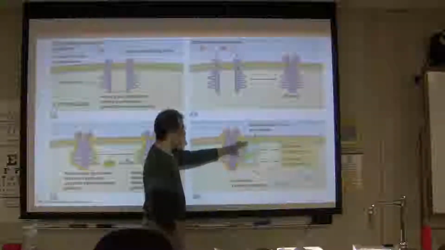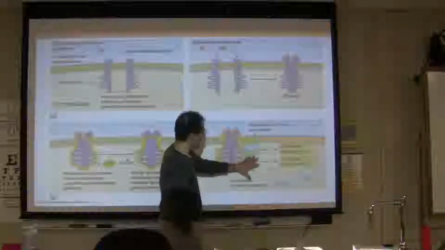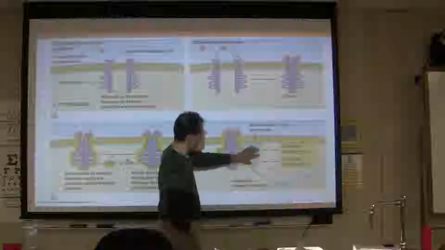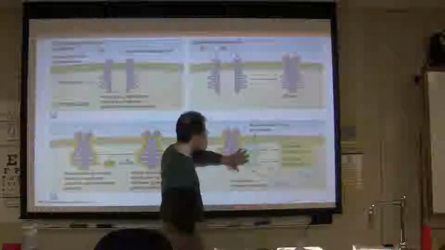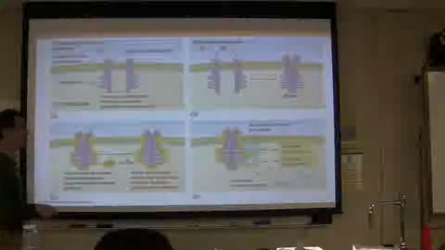When it's active, protein molecules inside of the cell come and attach to the tyrosine kinase, and then they become active. That's the function of tyrosine kinase.